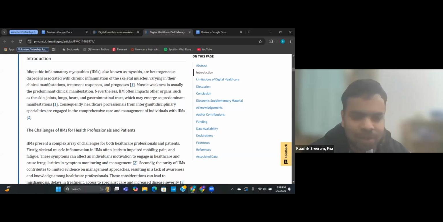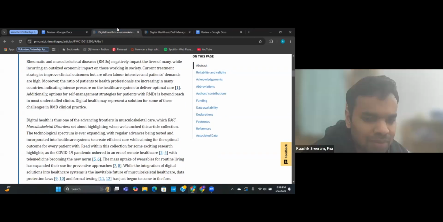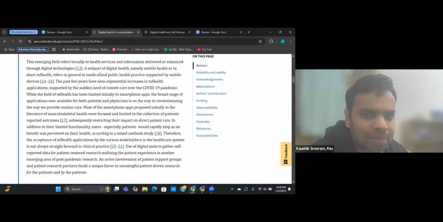Can you go back to the first paper and see the third paragraph? Can you go down? Integration, the emerging field broadly. Okay, that is there. Therefore, the acceptance is not always straightforward. Use of digital tools. Okay, go down.